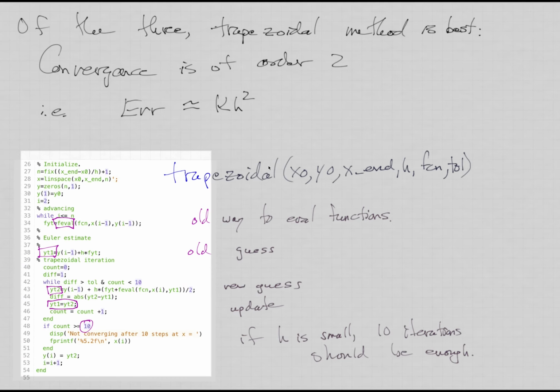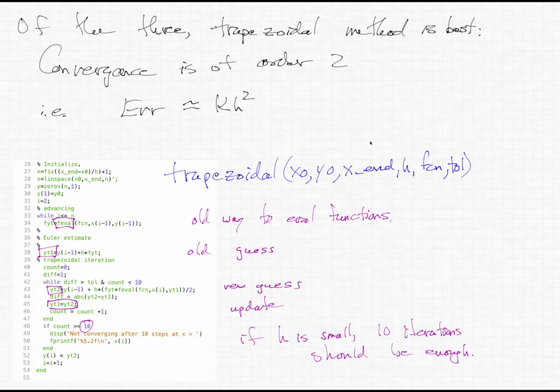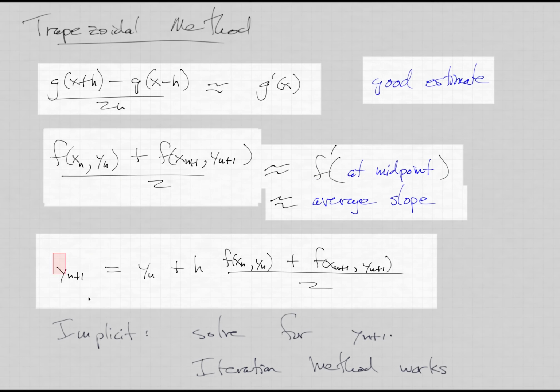As it happens, the code that Atkinson gave for doing this uses the iteration method in order to solve this equation. That is, he starts with an initial estimate that yn plus 1 is just equal to yn, and then he iterates again. But in the code he wrote, he actually iterates up to 10 times.